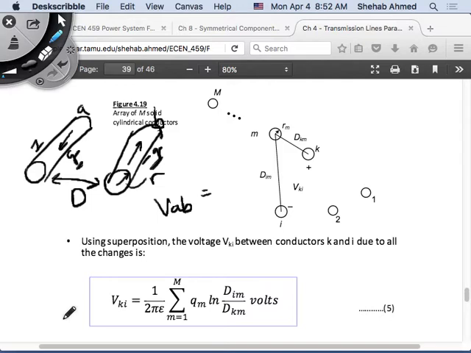Write your name. And try to simplify the equation. Don't use Q1 and Q2. I gave you Q1 and Q2, so substitute them. Q1 is equal to Q, Q2 is equal to minus Q. Substitute and simplify.